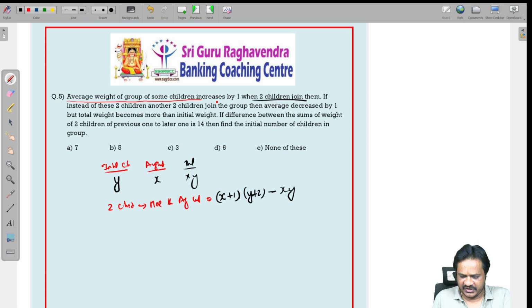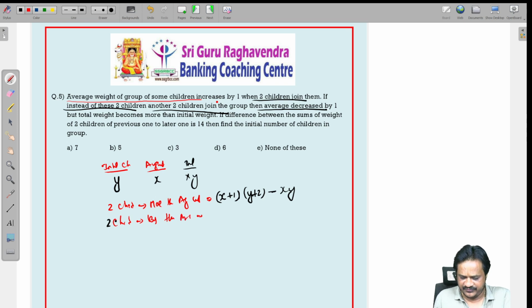Suppose next what is happening? Instead of these two children, there are another two children joining, then the average is decreased by 1. Then the average weight decrease means these two children will have less than the average weight.